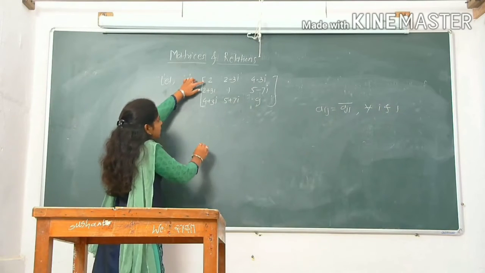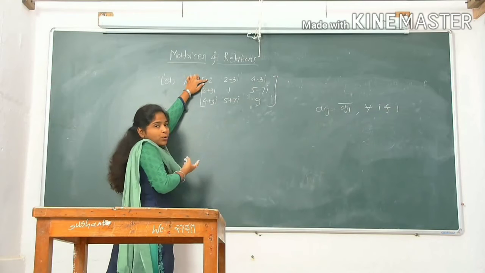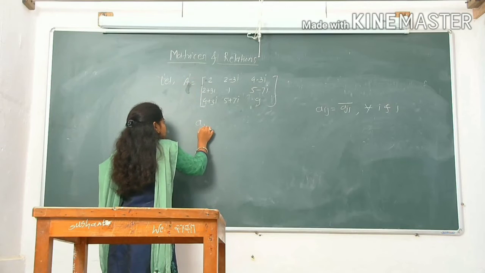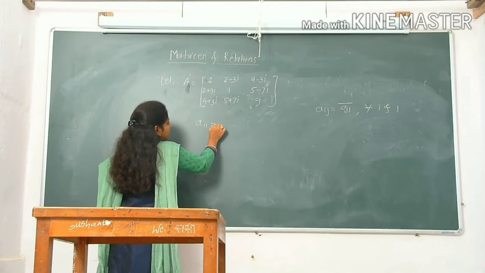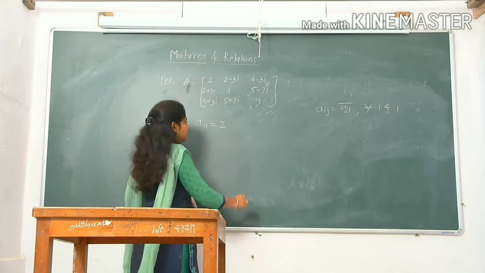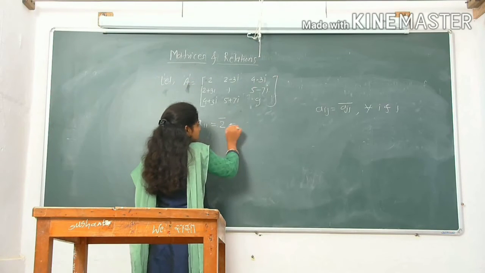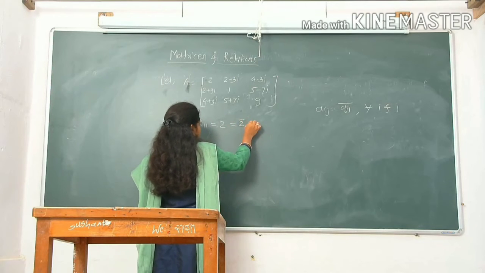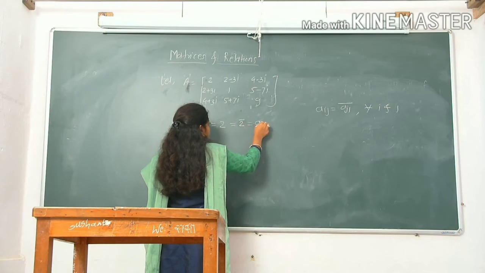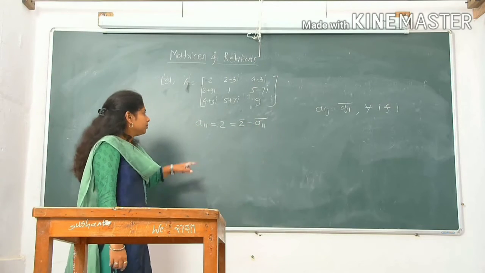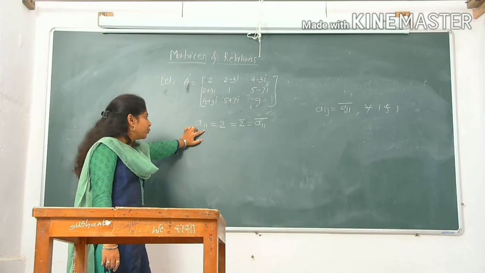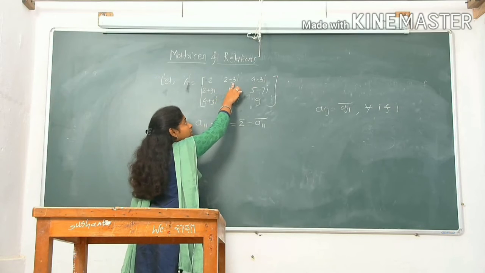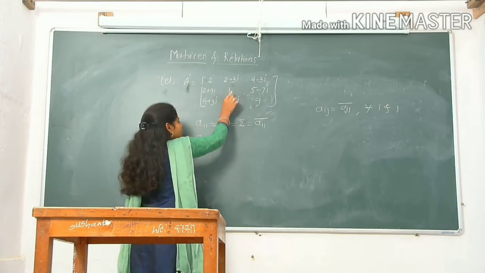So, here first we see this 2 is placed at the position of first row and first column. So A11 is equal to 2, but 2 is a real number, so its conjugate is the same. Conjugate of 2 is 2. Now, this 2 minus 3i is placed at the position of first row and second column.